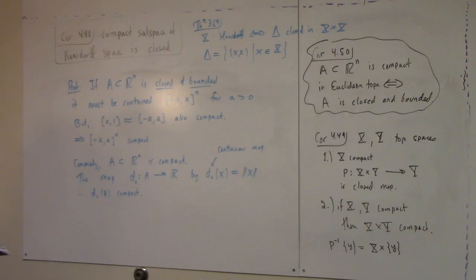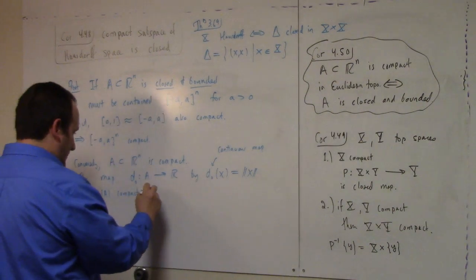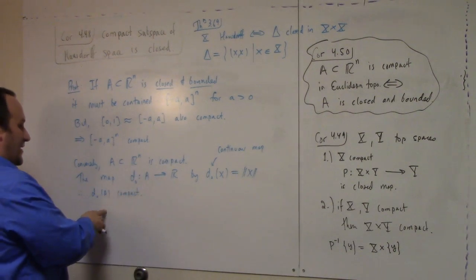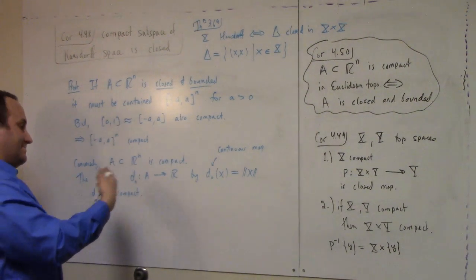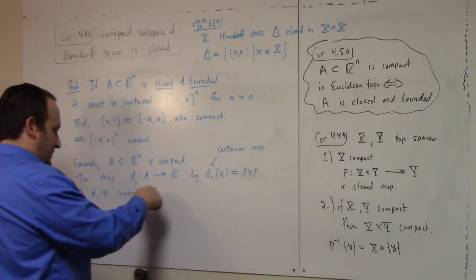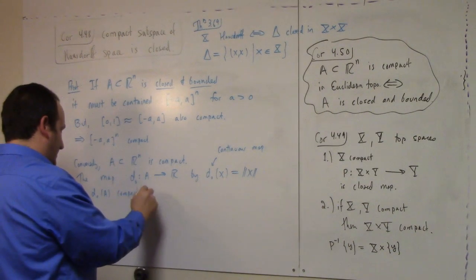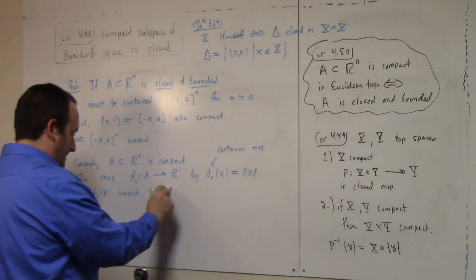Oh, but what does that mean? That means that this is bounded actually, because we're talking about a compact subset of real numbers. So D0 of A is compact, hence bounded.